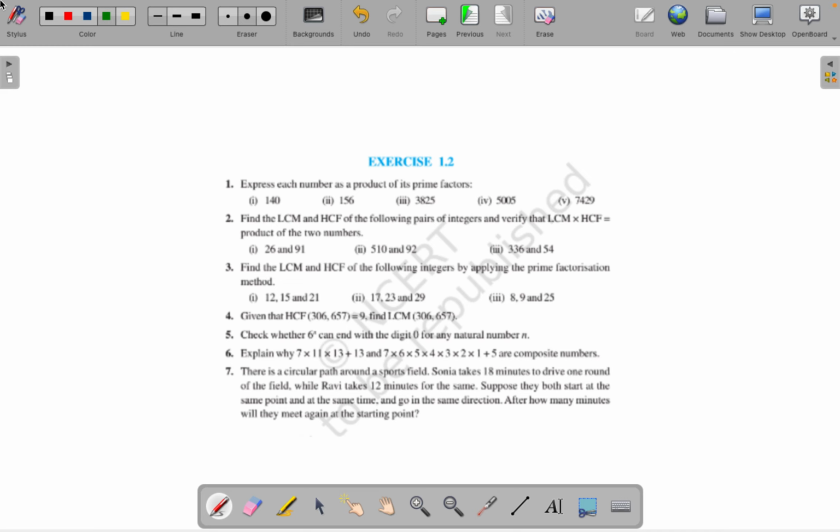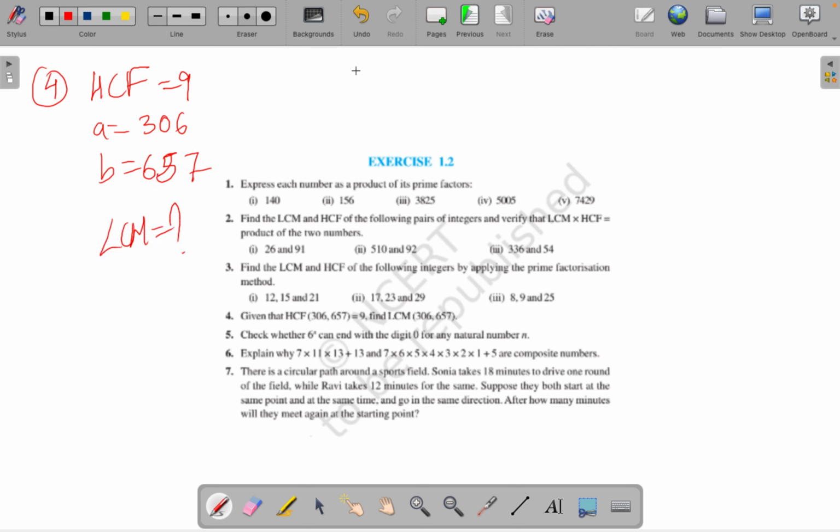All right. Let's do question number 4. Now, HCF of two numbers is given to you as 9 and the two numbers are given to you as 306 and 657. And you have to find the LCM. So, ये तो हमें fact पता ही है.